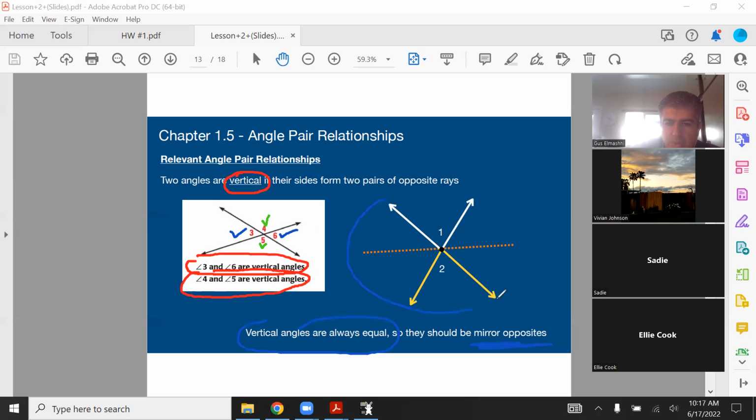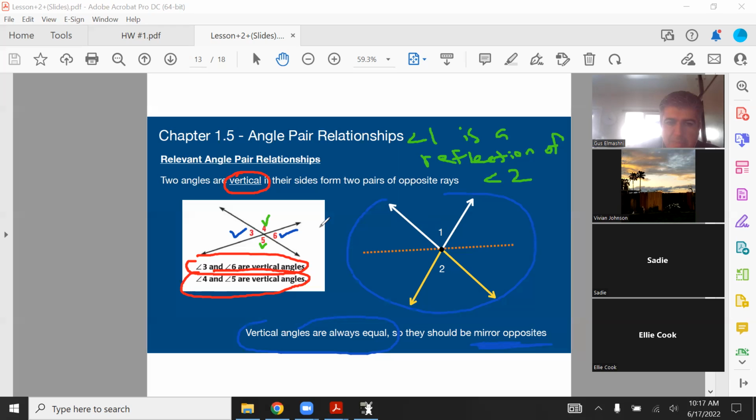And this diagram right here just shows the reflections, right? So angle 1 is a reflection of angle 2.